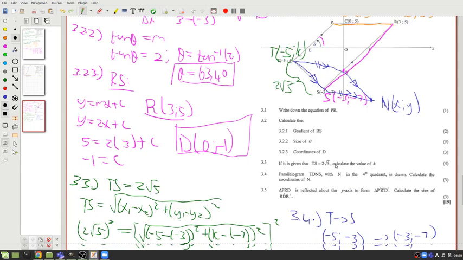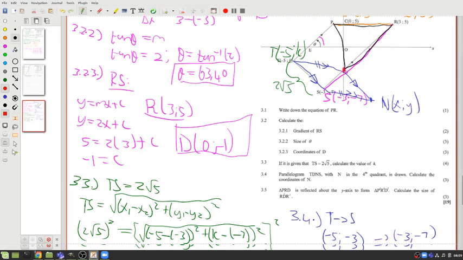So reflected PRD, this triangle here, is reflected about the y-axis. Okay, so if we reflect every point about the y-axis, let me draw that in red. D would stay exactly where it is.